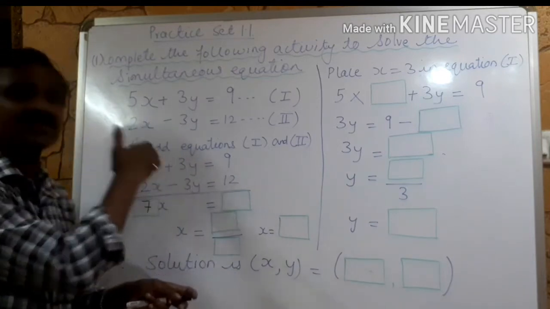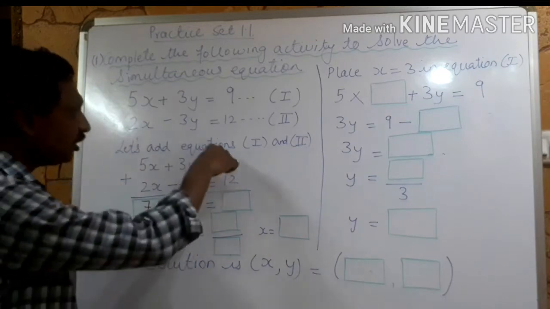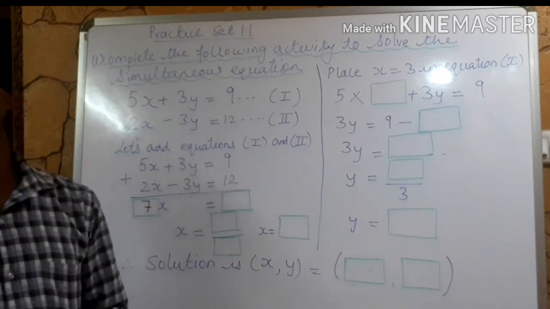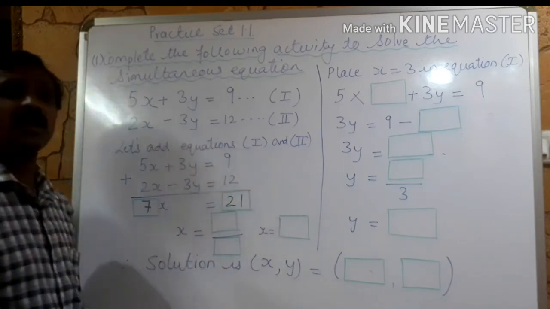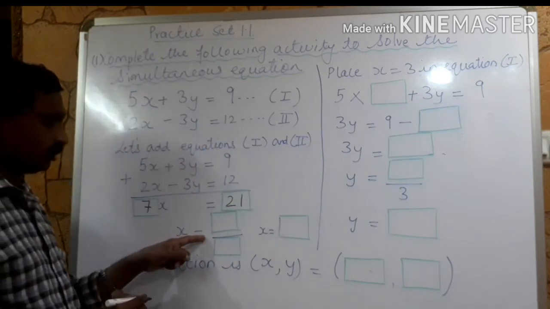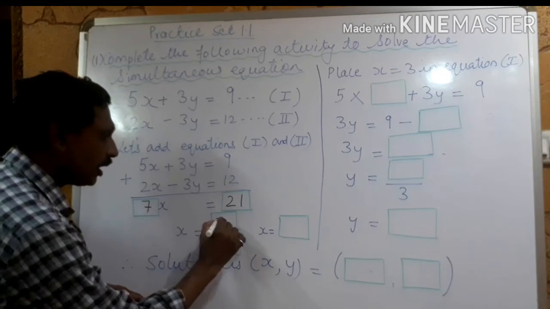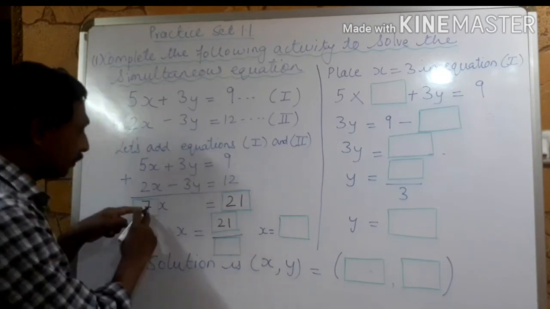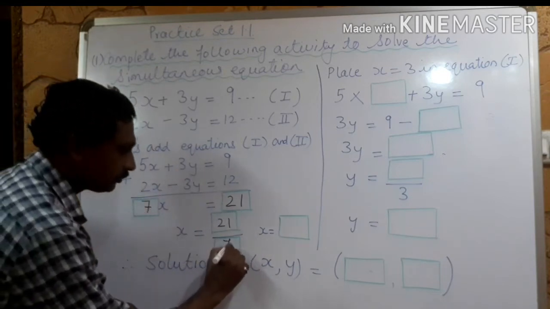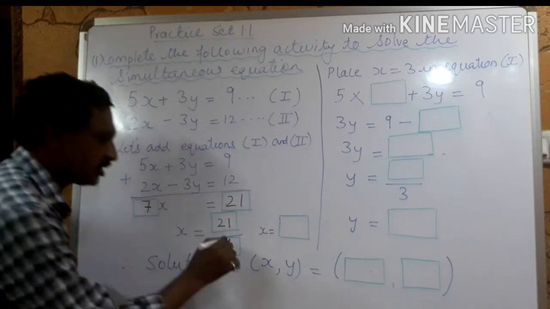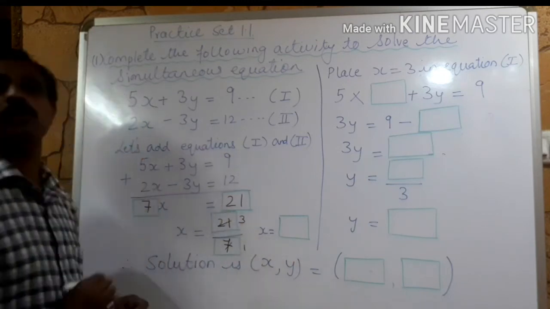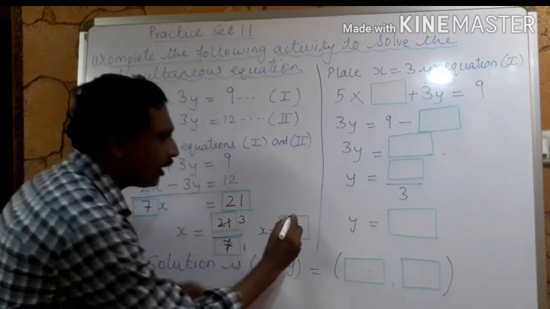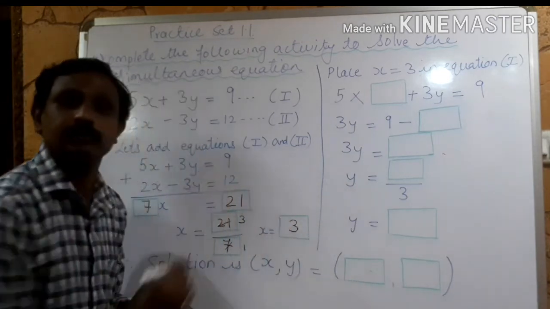Now this gets cancelled, and here 9 plus 12 gives me 21. Therefore, x is equal to 21 upon 7. 7 ones are 7, 7 threes are 21. Therefore, x is equal to 3.